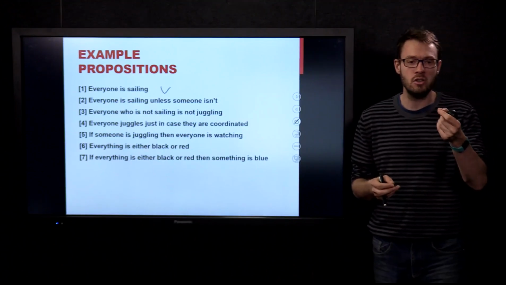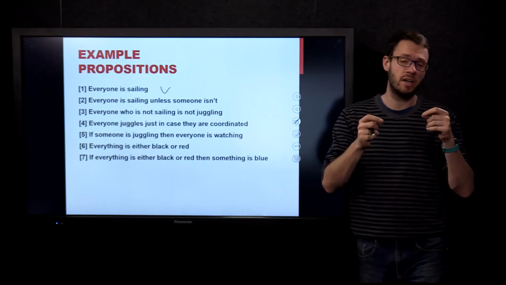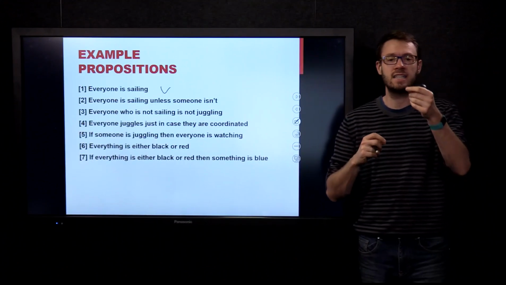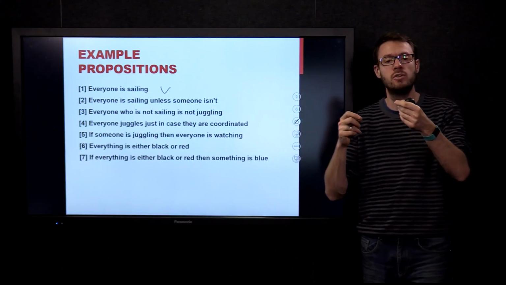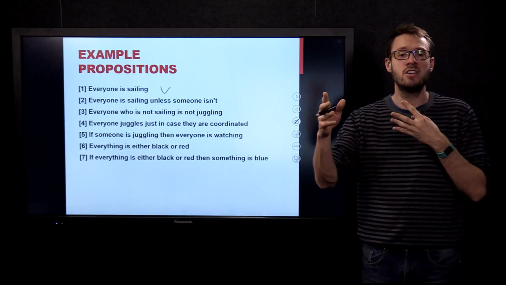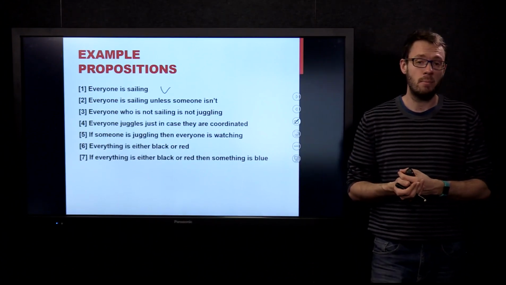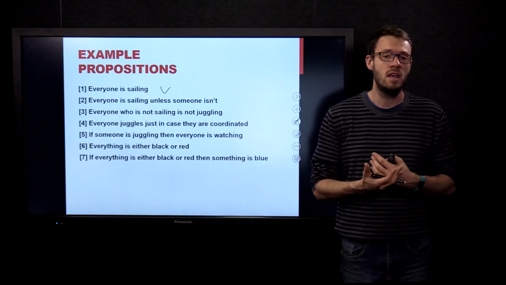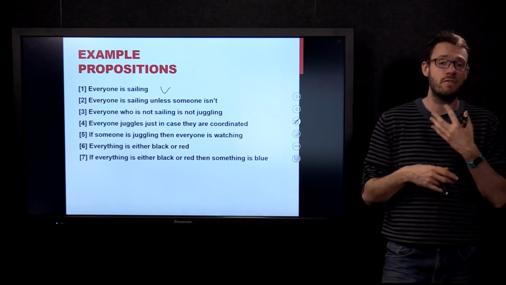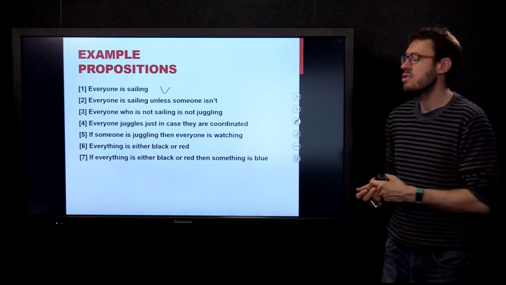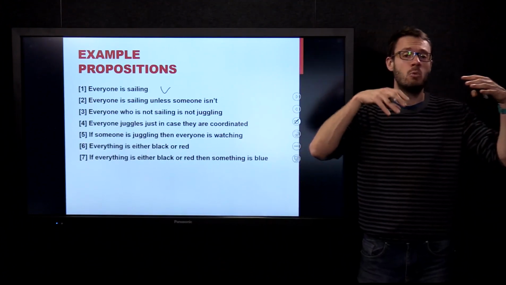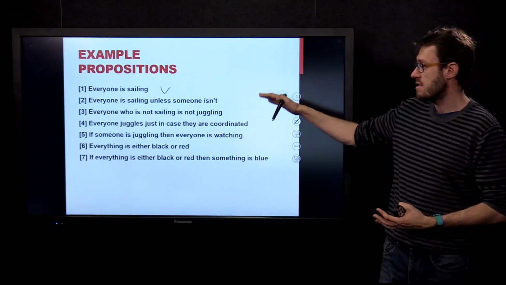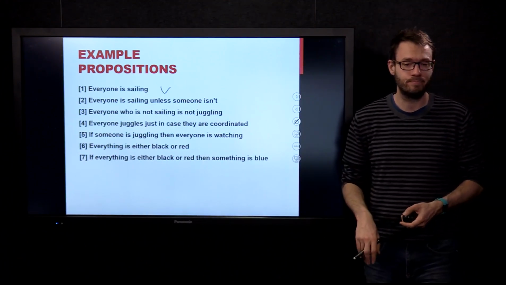So you're going to look for your everyones and your someones to work out where the quantifiers are. You're going to look for your predicates, things like sailing, personhood, animals, so you know where to translate out properties. You're going to look for names in the sentence. None of these sentences have names in them, but if you have a sentence with a name in it, you've also got to translate that out. And then you're looking for your propositional connectives, which enable you to concatenate the entire sentence into something that expresses the English thing that you're trying to translate.